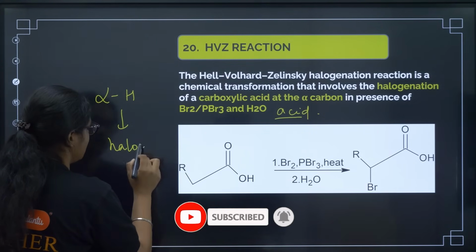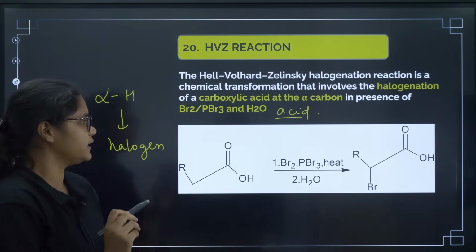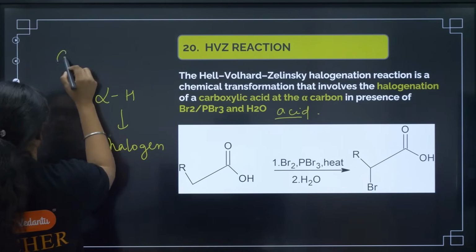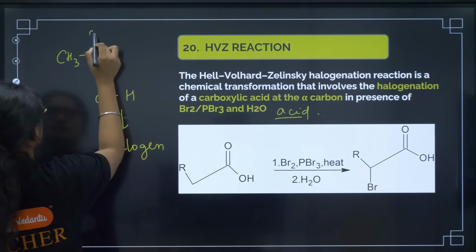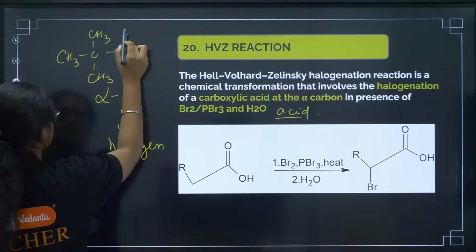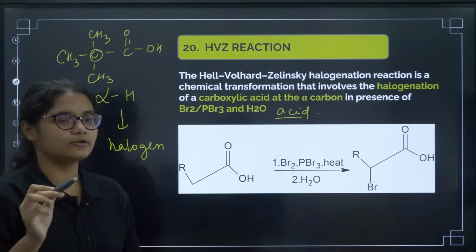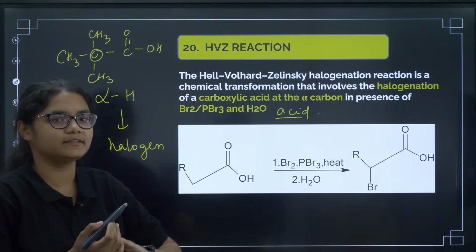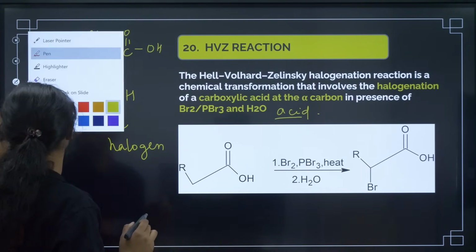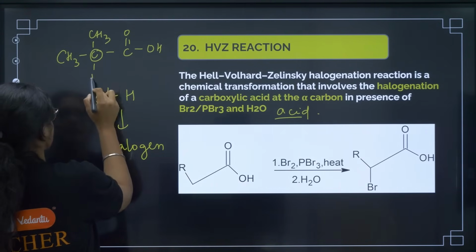So if there is no alpha hydrogen, the reaction will not happen. For example, if we have this compound, CH3, C, CH3, suppose we have this acid. This is the alpha carbon. It doesn't have any alpha hydrogens. Then we cannot do HVZ reaction in this case. Okay. So there has to be at least one alpha hydrogen for the reaction to happen.